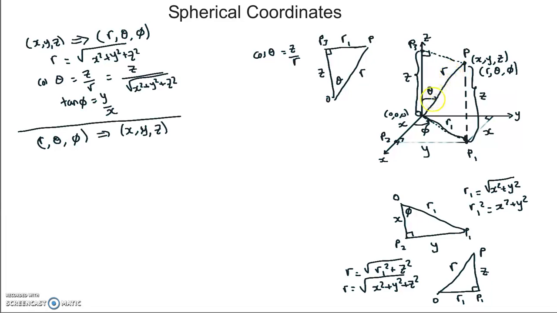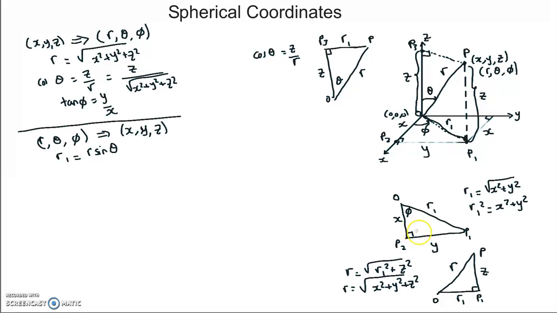If we look at the triangle O, P3, and P, and we have r and theta, then r1 equals r sine theta.